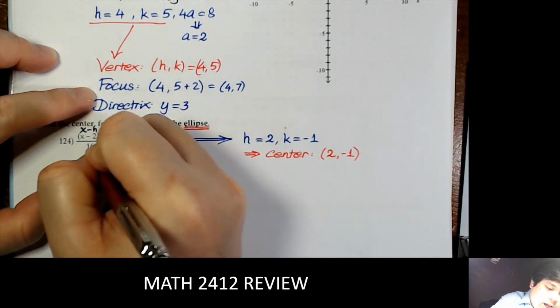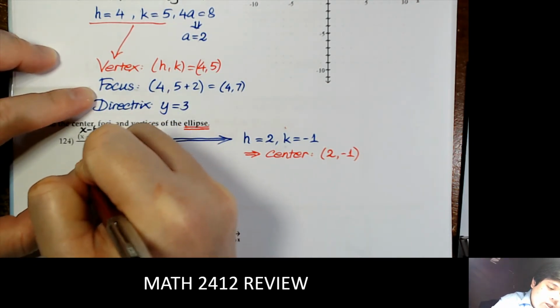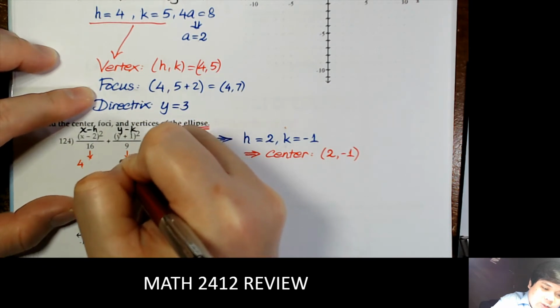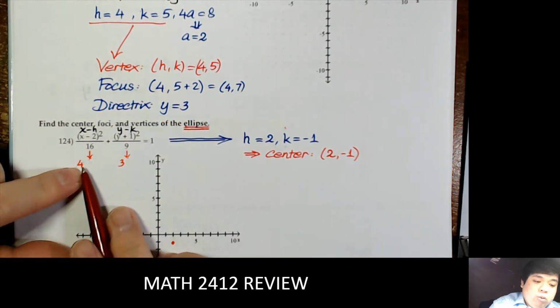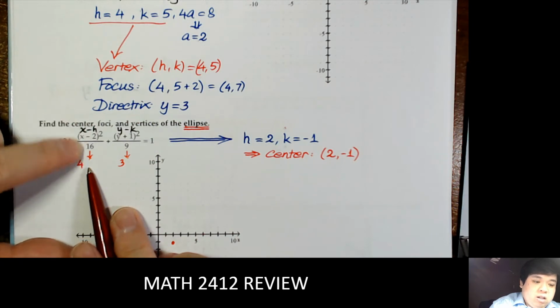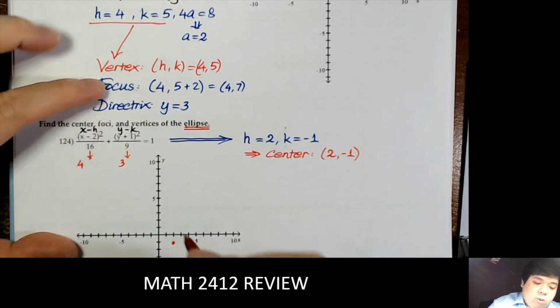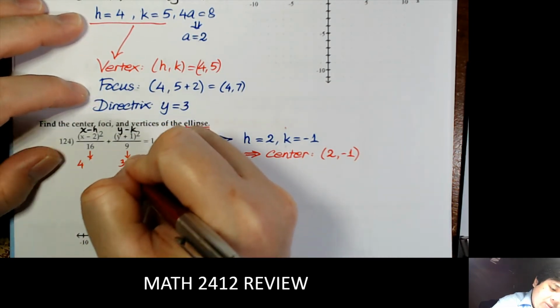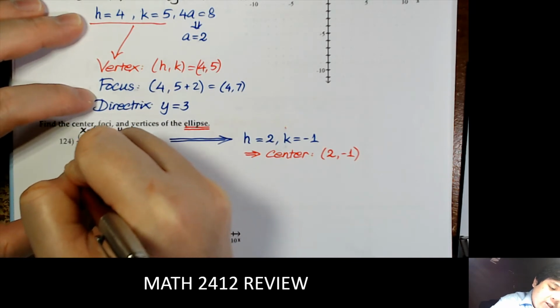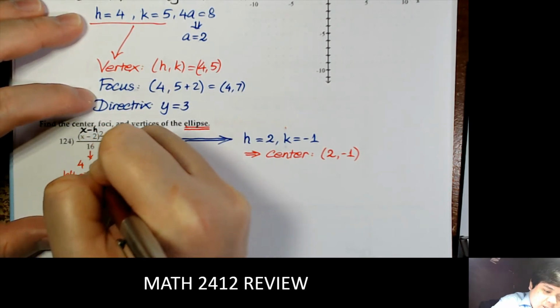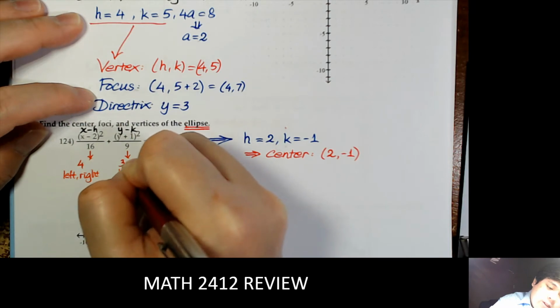Taking the square root of that, we have 4. Taking the square root of that, we have 3, which means the graph will go 4 units left and right for x and 3 units up and down for y.